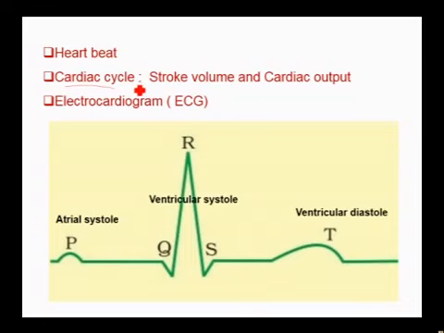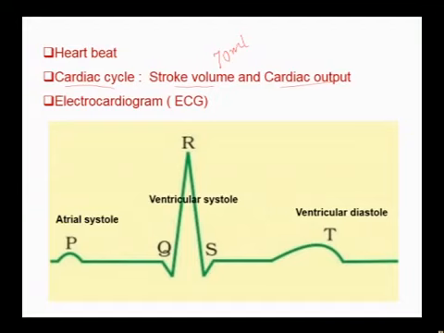So, during this cardiac cycle, we come across the stroke volume and cardiac output. The volume of the blood that is ejected or pumped out of the ventricle per ventricular systole is said to be the stroke volume. It is around 70 ml.